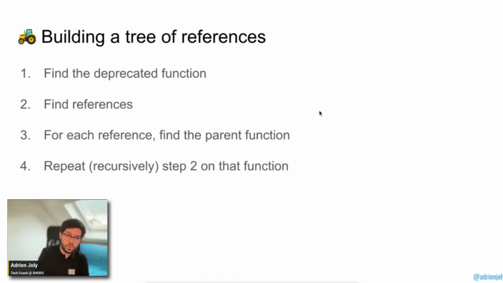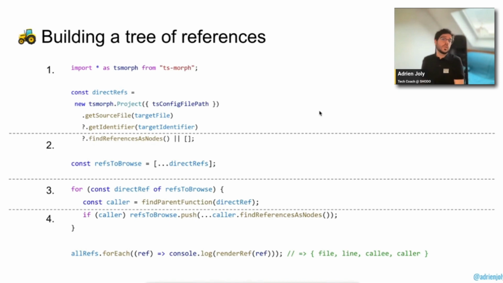More concretely, if you want to look at code, this uses tsmorph, which is a TypeScript module which includes an AST. So it's able to parse TypeScript and JavaScript code and create a tree representation for it. And then it also provides you a few helpers to help you navigate that tree.